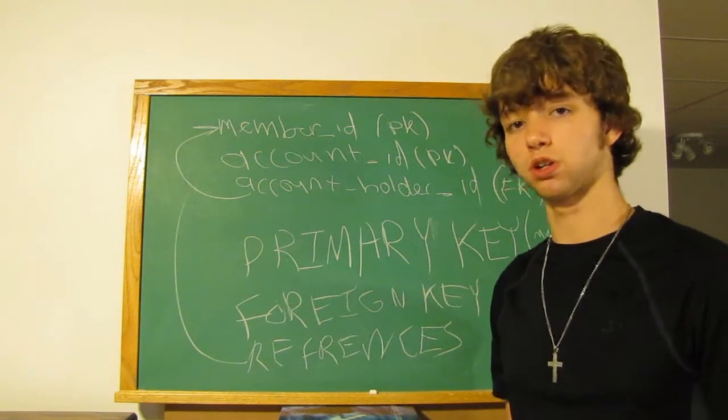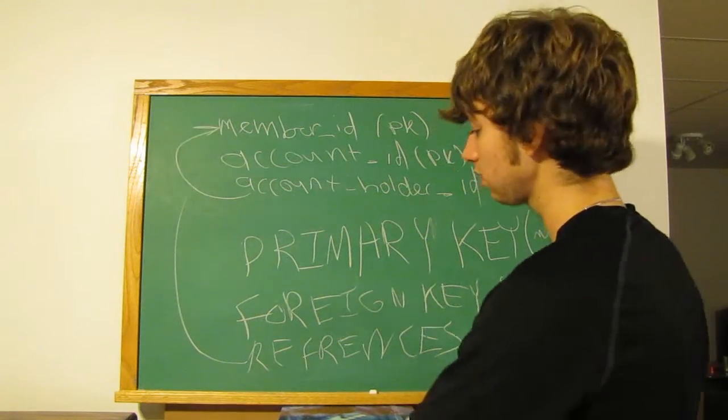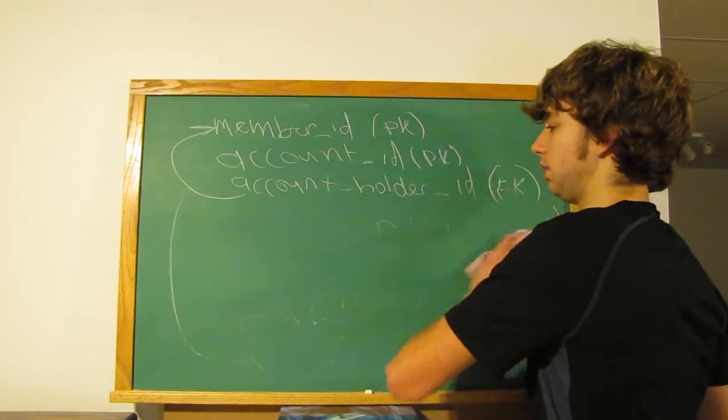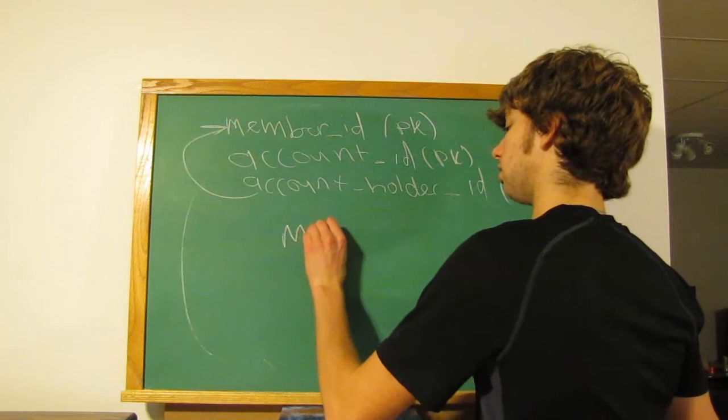Now for the storage engine, we want to use InnoDB. If you remember, there was two I taught you, MyISAM and InnoDB. Let me write those out for you to remind you.